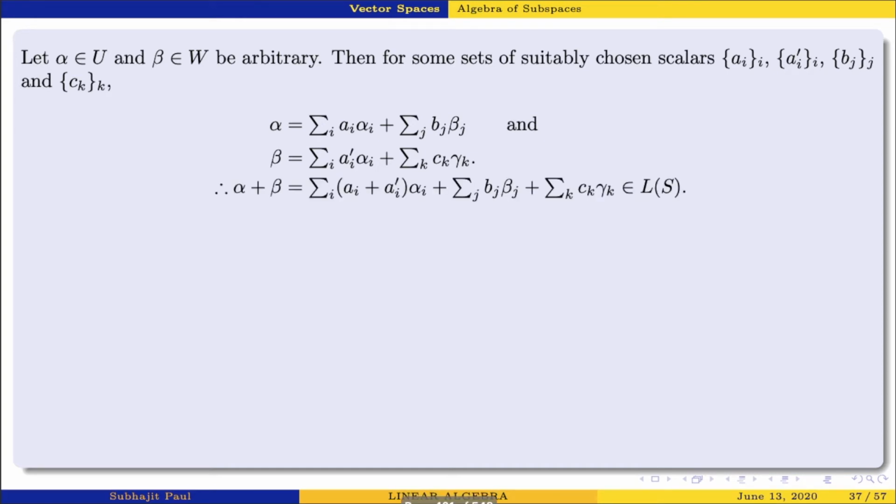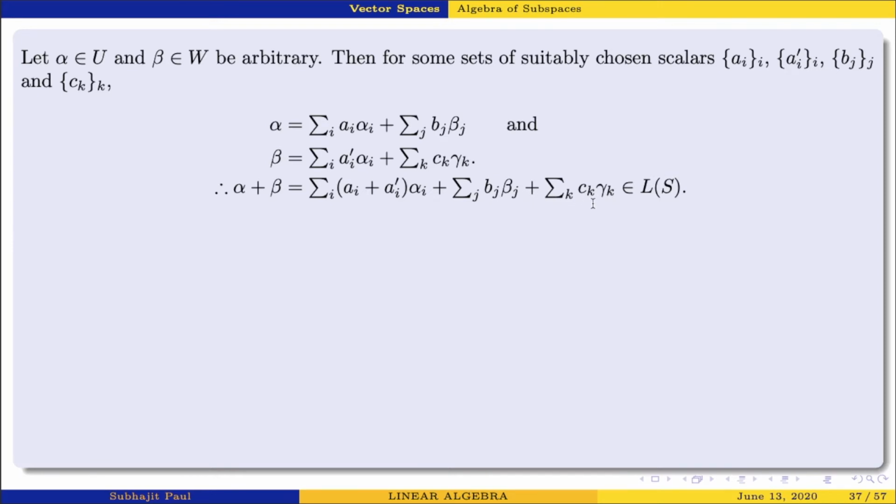Fine. Therefore if we add them, alpha plus beta will be, collecting the coefficients of alpha i vectors together, sum over i of a_i plus a_i dashed times alpha i, plus sum over j b_j times beta j, plus sum over k c_k times gamma k.